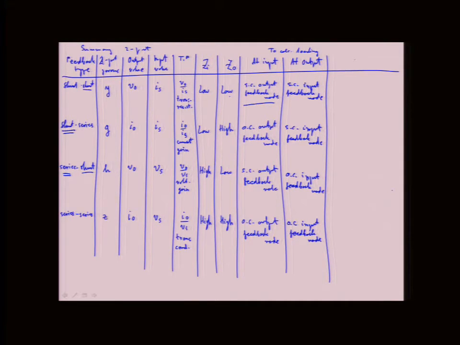The last thing is how we calculate F. Right. So these two columns over here were helping you how to calculate A, right? And also how to calculate Z in and Z out, right? But now to calculate F, you have to isolate the feedback network itself, right? And then calculate what is the quantity.